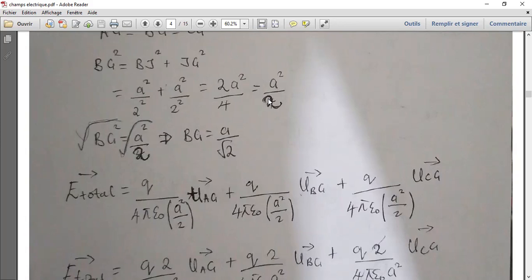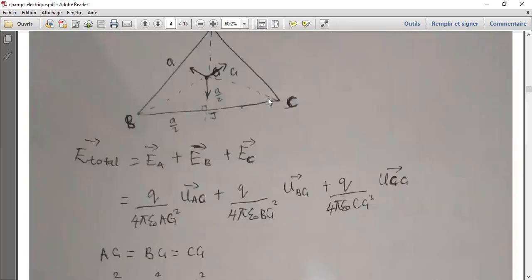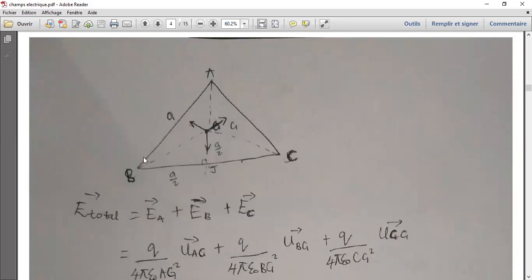I broke it down to calculate the distance BG, to show that the AG, the BG, and the CG are equal to A divided by square root of 2.